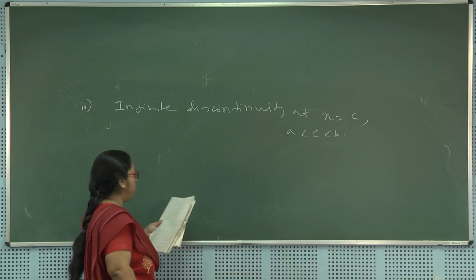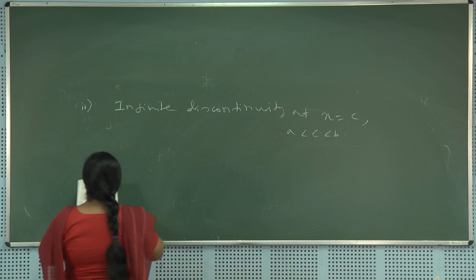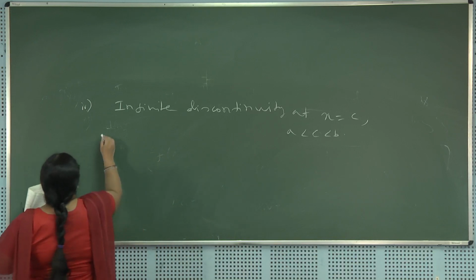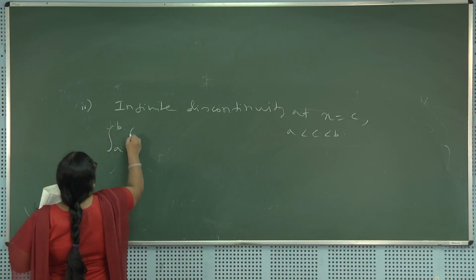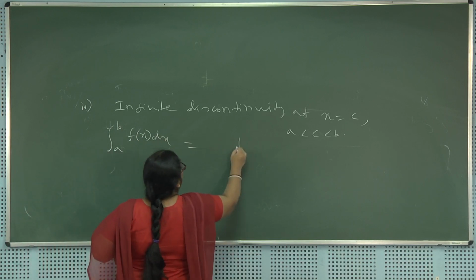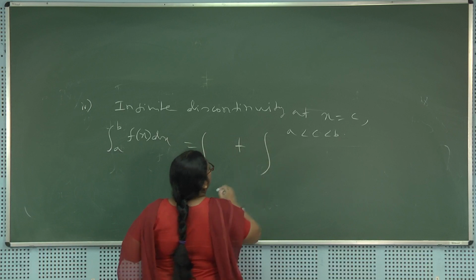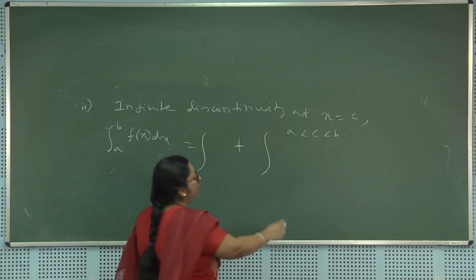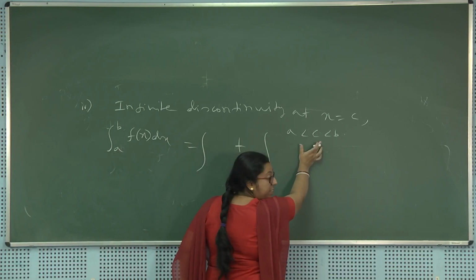So, what will happen? Now, if you put this point, then the function becomes unbounded. We write the improper integral a to b f x dx equal to, again we will separate into two integrals. So, at the interior point, we have to study this interior point from both sides, left and right.